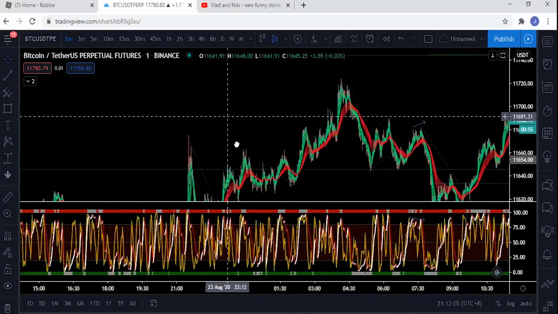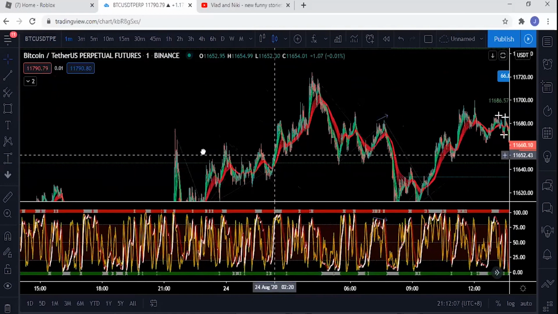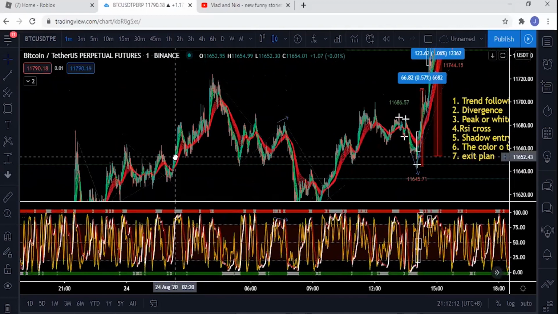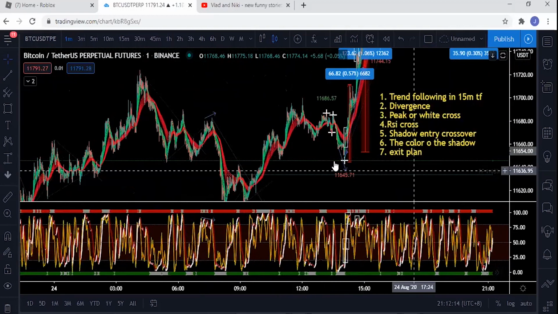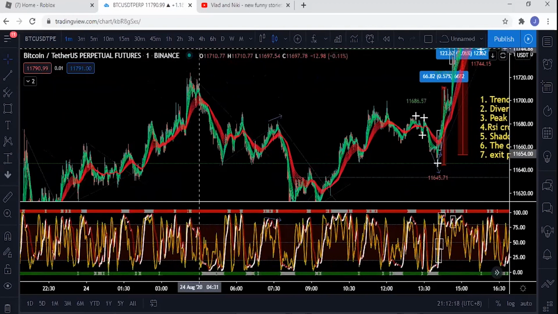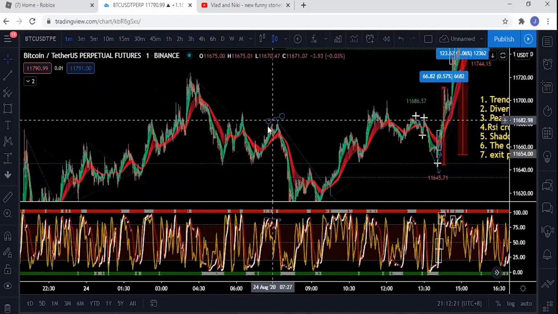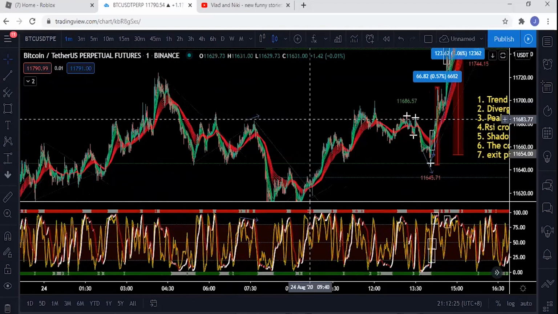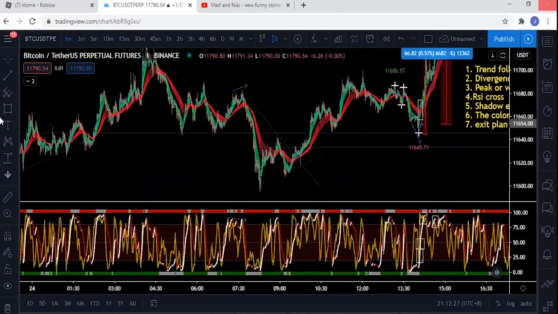There's no peak or cross. It's not loading. Why? Okay, let's assume it should have a cross here or here. Next criteria is your crossover here.